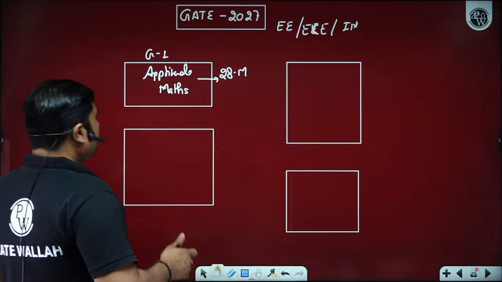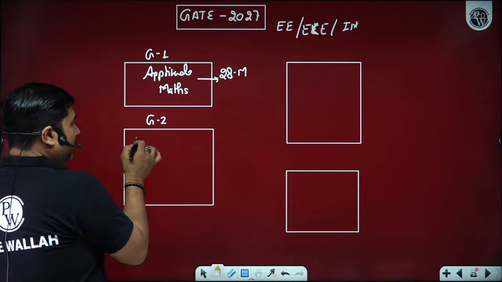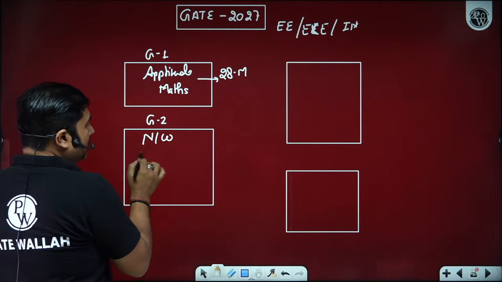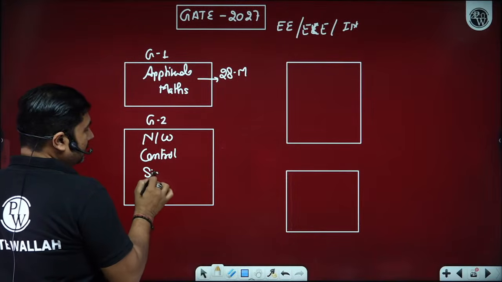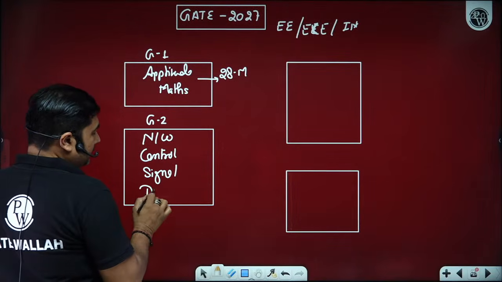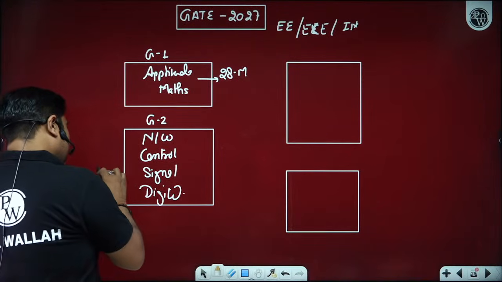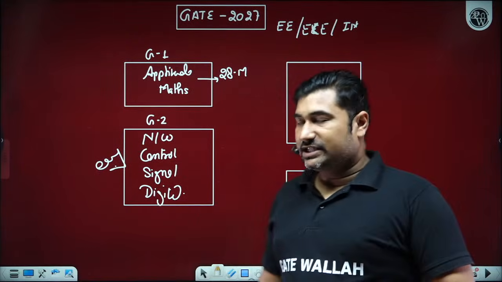Then we have group 2 for EE, EC or IN. Group 2 contains network theory, control systems, signals and digital. These are easy subjects and scoring subjects as well.